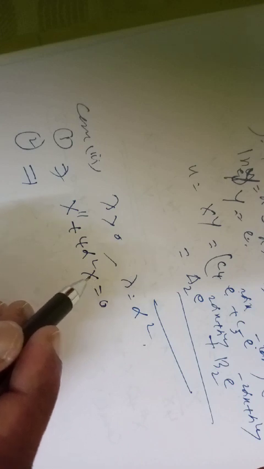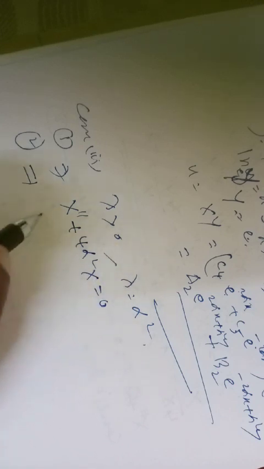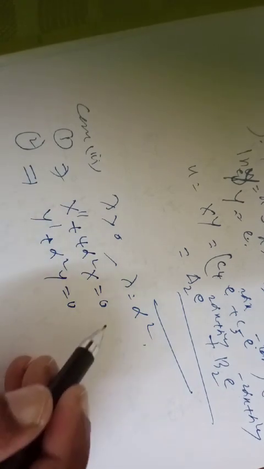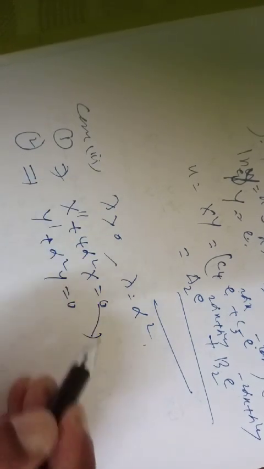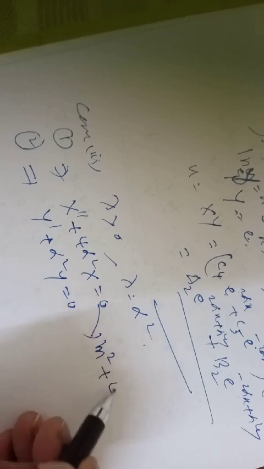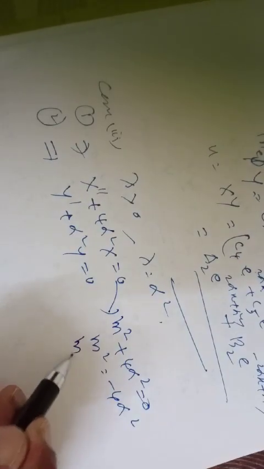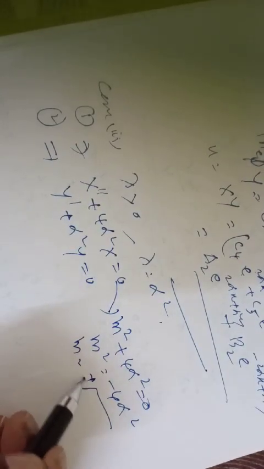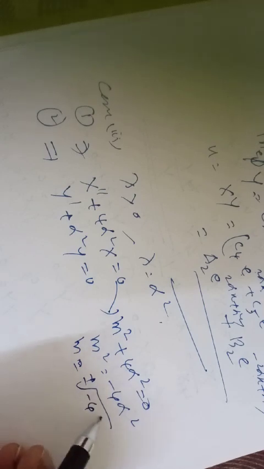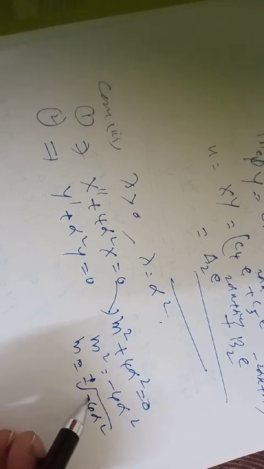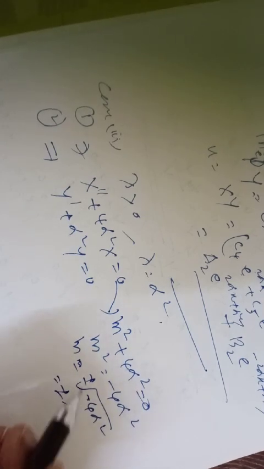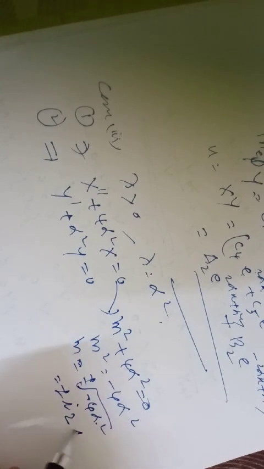The second equation changes to y dash plus alpha square y equal to 0. Now to solve this we use the auxiliary equation m square plus 4 alpha square equal to 0, and m square is equal to minus 4 alpha square.